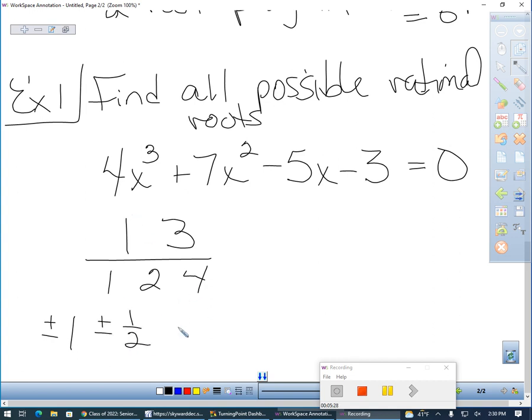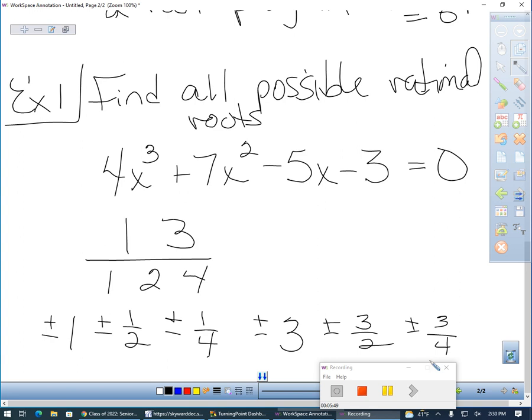Then we have 1 over 4, or plus and minus 1/4. Then we go to the 3. 3 over 1, or plus and minus 3. 3 over 2, or plus and minus 3 halves. And then 3 over 4, plus and minus 3 over 4. Those are your possible rational roots.